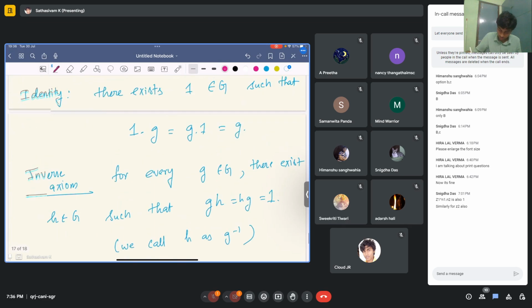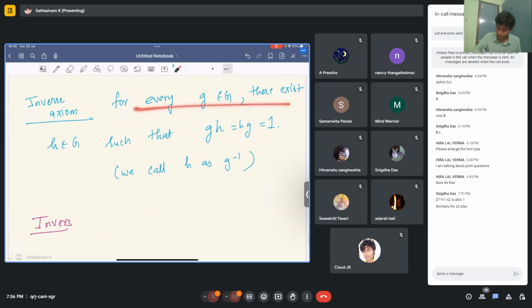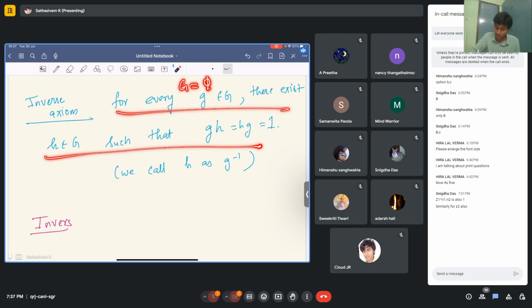Okay, so this statement always holds, whether it's empty or not, doesn't matter. But in the empty case, see, for example, if let's say G is empty, then what happens to this statement? This statement says for every g in the empty set, there exists h. But there is no g in the empty set, right?